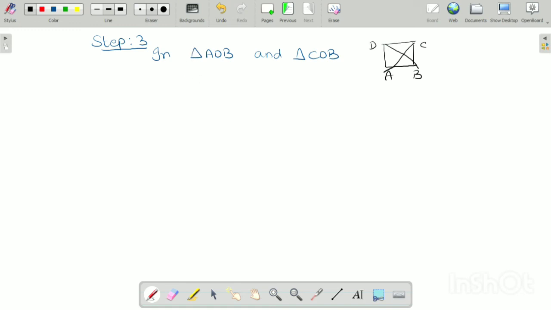So now we are going to take AOB, which is O, A and B. Next diagram is COB. Okay, now we prove the conditions here. Here OB, here also OB, so it is a common side. OB equal to OB.